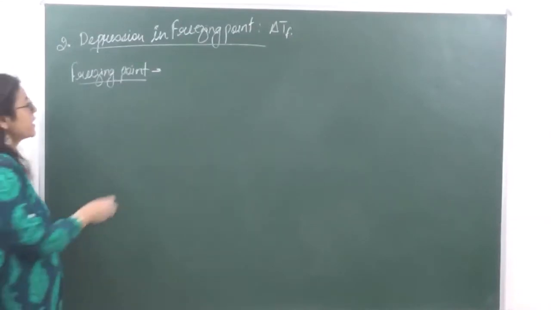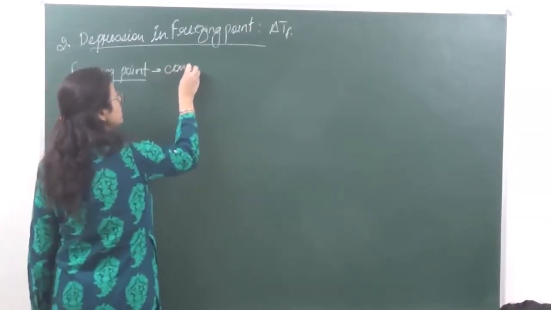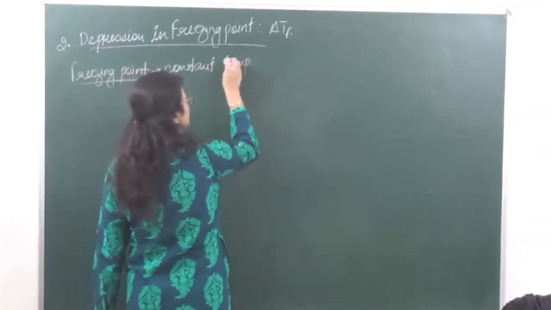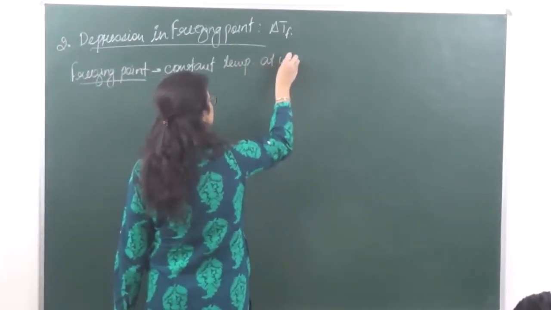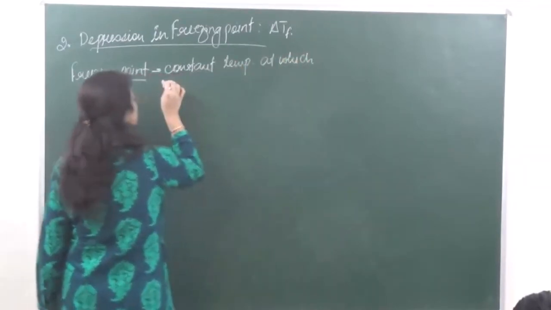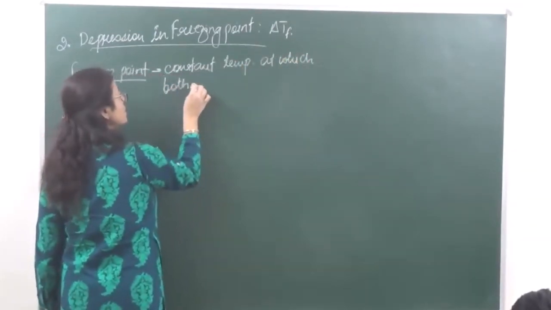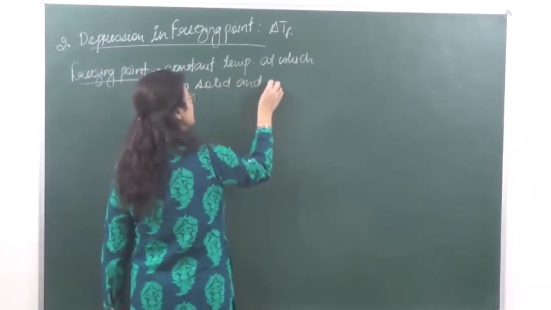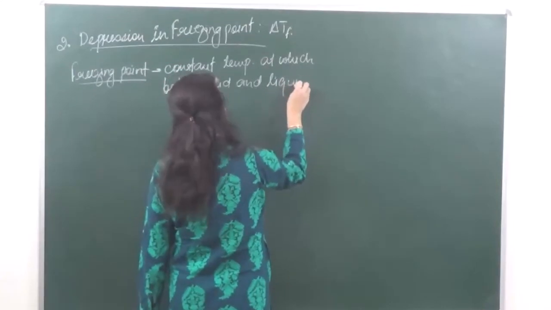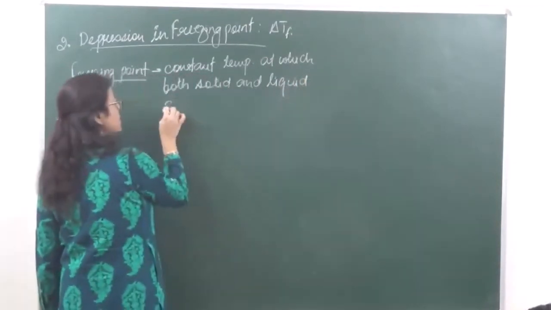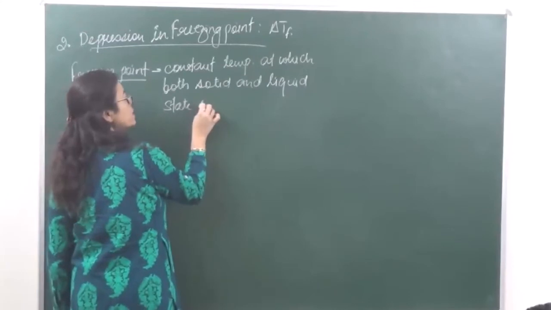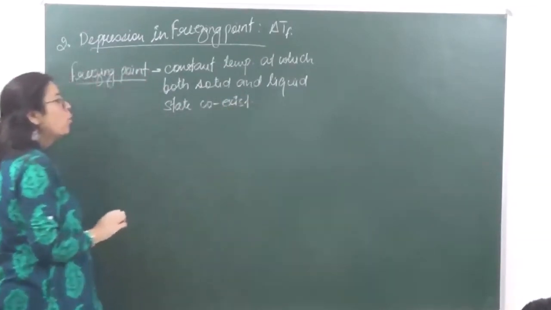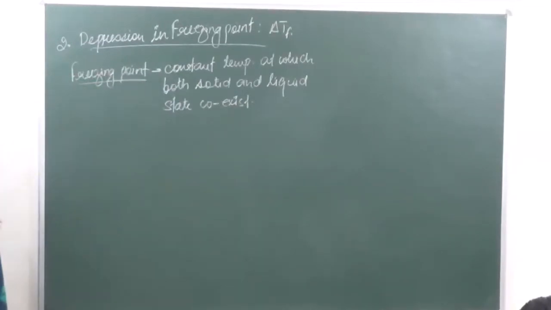Freezing point is again the constant temperature at which both solid and liquid states coexist. At this particular temperature, both the solid and the liquid state are going to coexist.